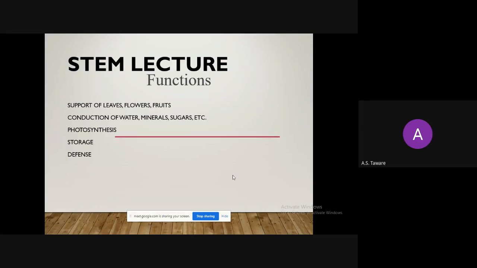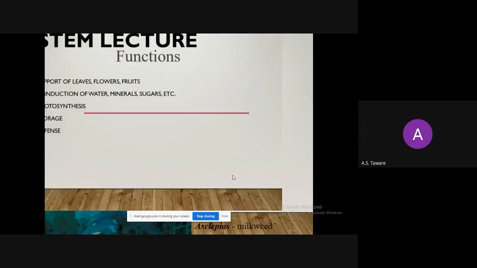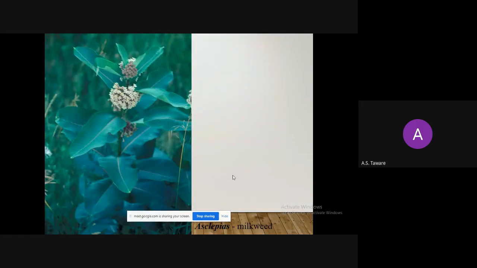Plants have a defense mechanism like the immune system in humans. As we learned about thorns, that is one part of the defense system. The secondary metabolites are also part of the plant's defense system, and generally they are borne by the stem. So these are the various functions of the stem.